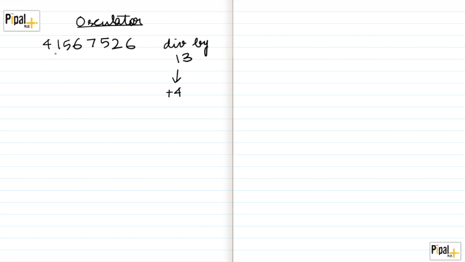But let's say for 13 there exists a number 4 such that you take this number, 41567526, and split it into two parts. I separate out the last digit and the rest of the digits.